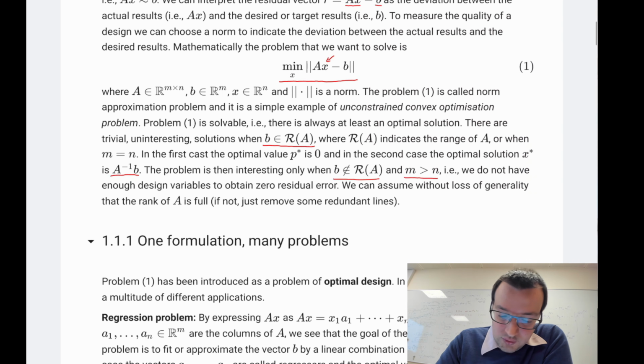Okay, so this means essentially that we do not have enough design variables to obtain a zero residual. We also assume, as I said, that A is full rank. If A is not full rank, this is without loss of generality. We can just eliminate some of the equations until you get a full rank matrix A.